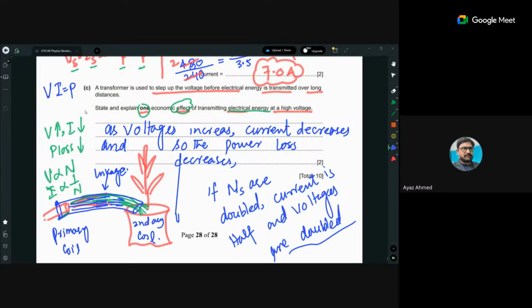So that is the economic factor, that affects the economy. If, for example, you are reducing the power losses... I've got it now. Okay, good. So this was all for this worksheet.